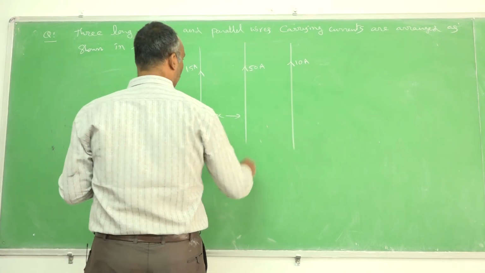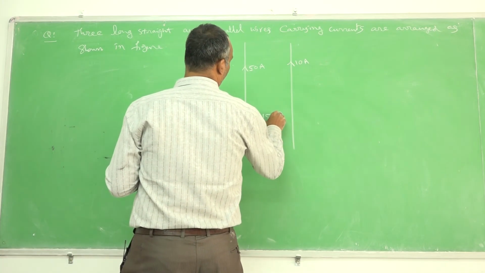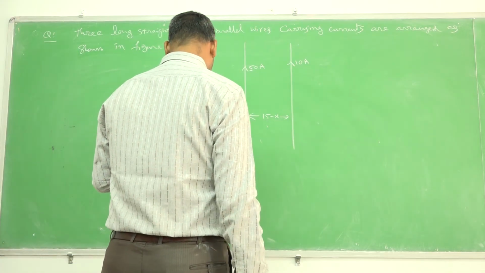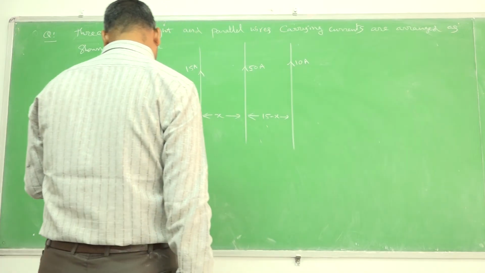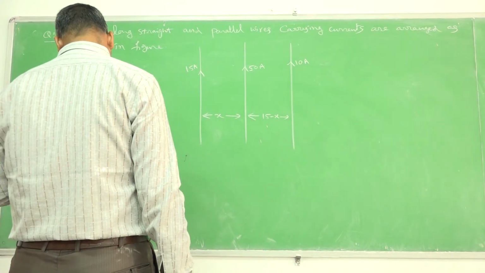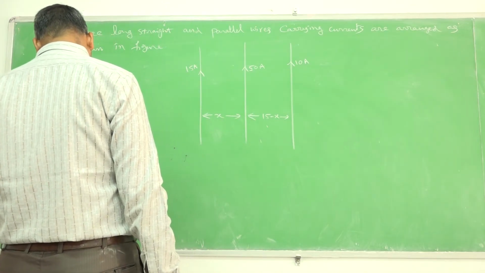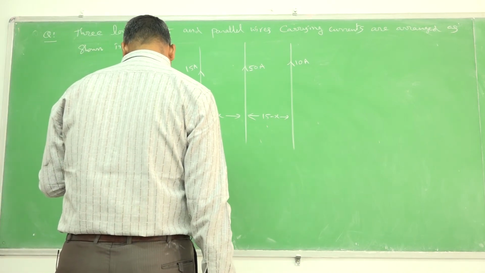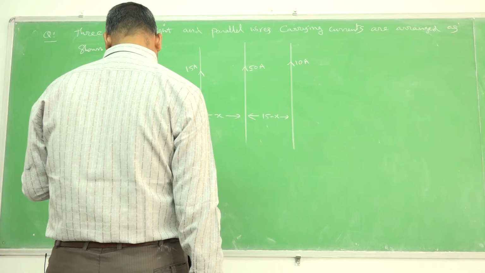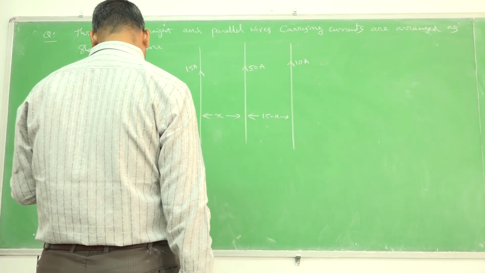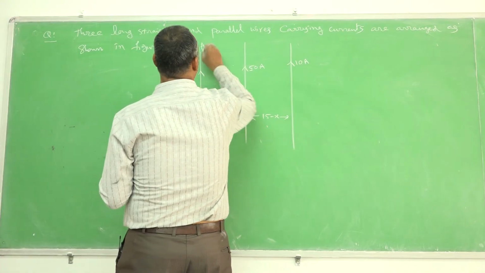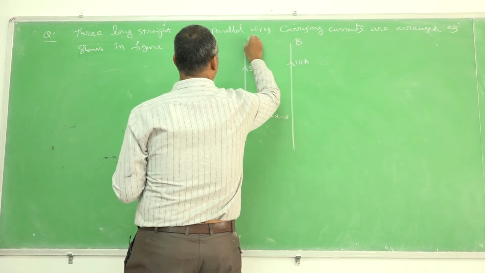Separation between the second 2 wires is 15 minus x. And they named the wires A, B, C. This is wire A, wire B, wire C.